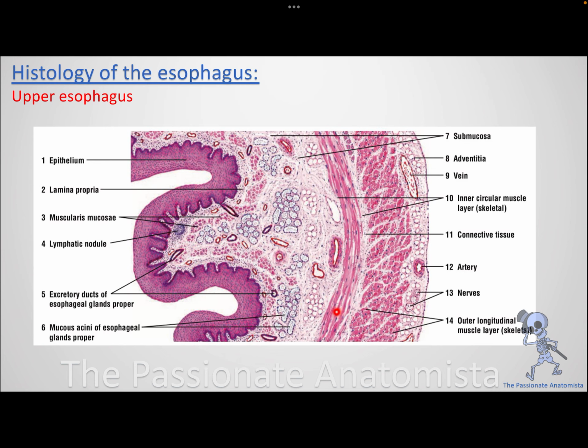As you proceed down the digestive system, down to the stomach and other parts of the GIT, you will have only smooth muscle, because you do not have control over these muscles. All right, so this is the muscularis layer, and then at the end you have the adventitia.